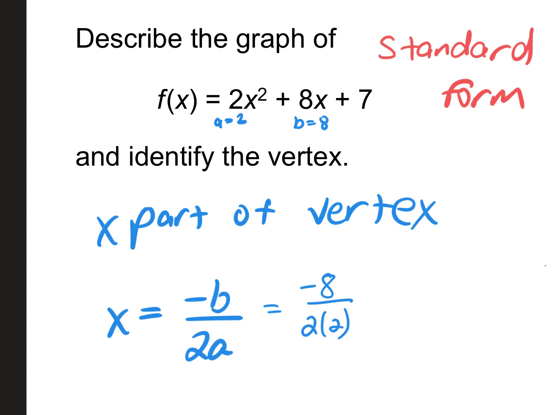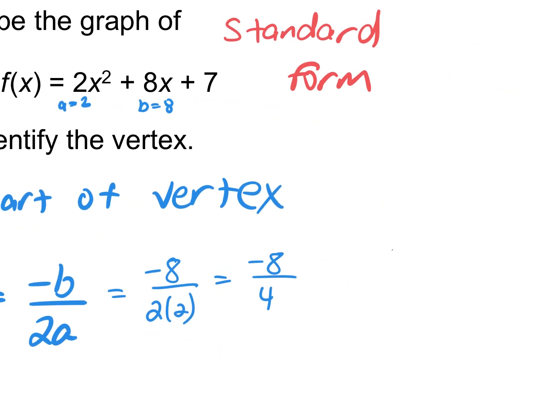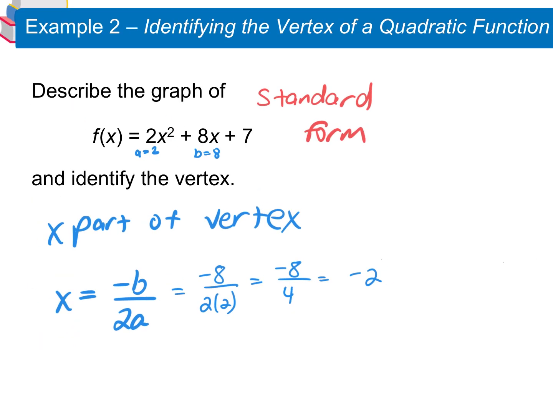If you mess up on this step, you forget a negative, you forget how to divide, something like that, the entire problem is wrong. So it's really important that you don't mess up little tiny math stuff here. So I'm going to write everything out. Negative 8 divided by 4. What's negative 8 divided by 4? Negative 2. So the x part of my vertex is negative 2.